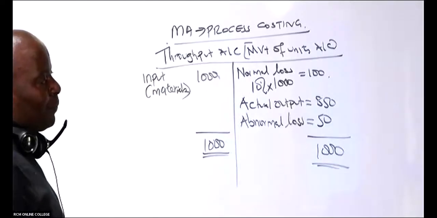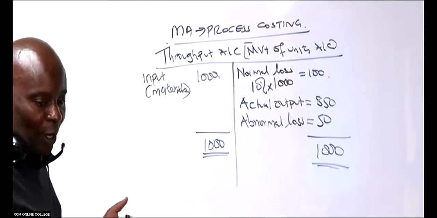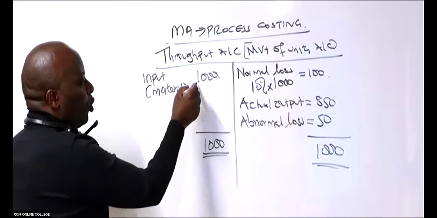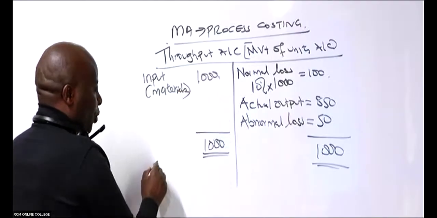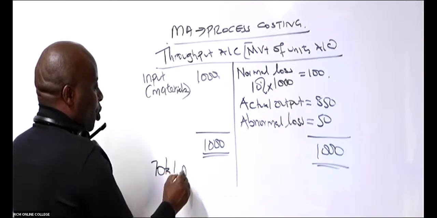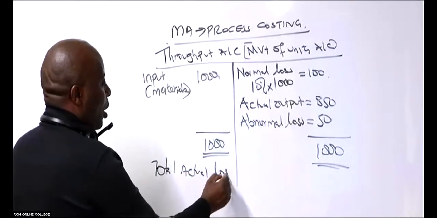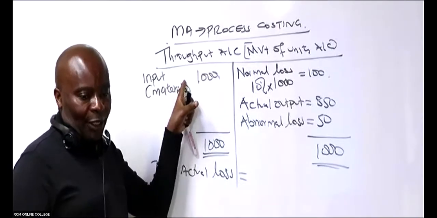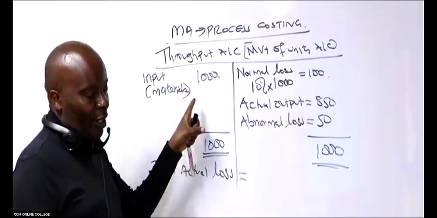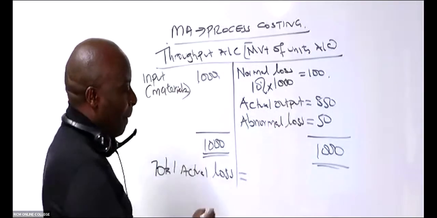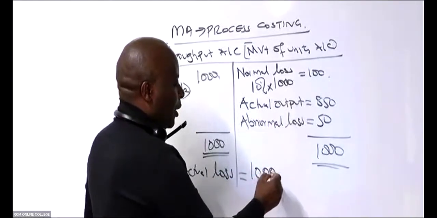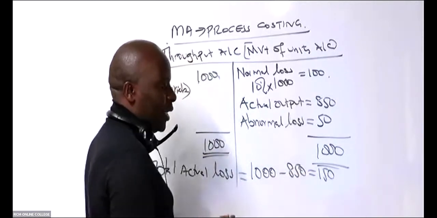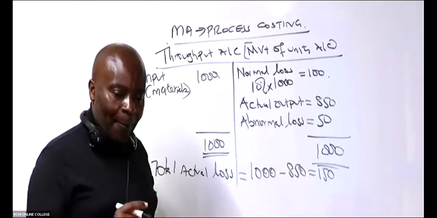Now, remember yesterday, I tried explaining that when you look at the total actual loss, into the process we did put in 1,000, but we actually got 850. So 1,000 minus 850 gives me 150 as the total loss.